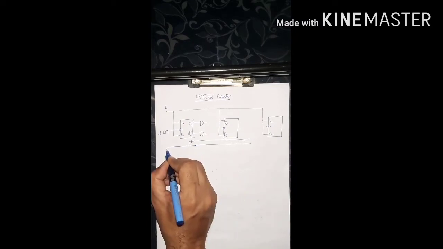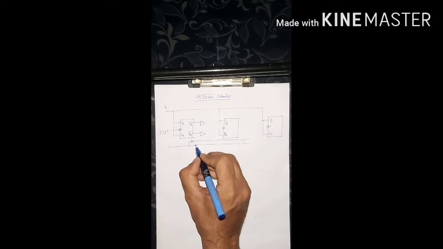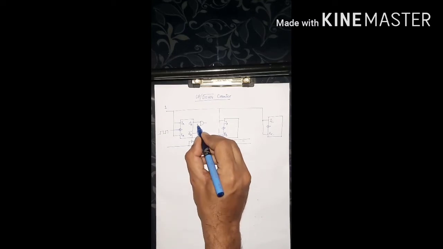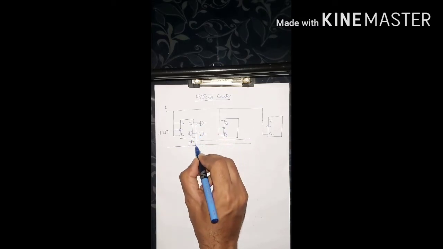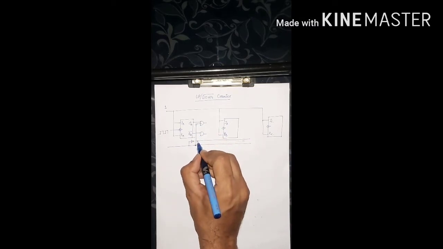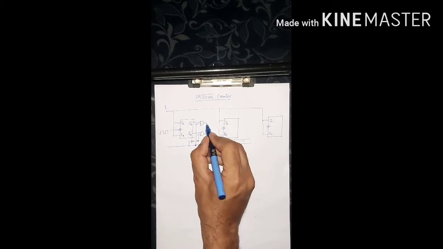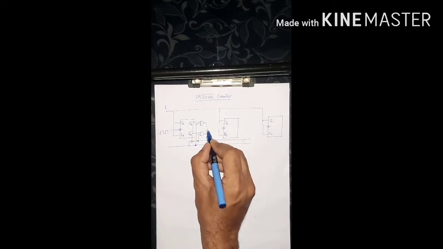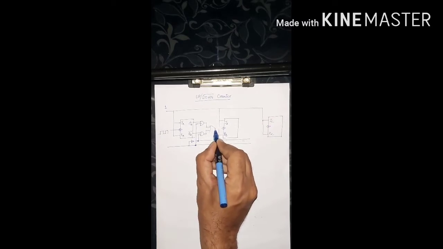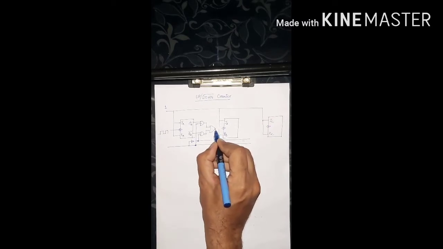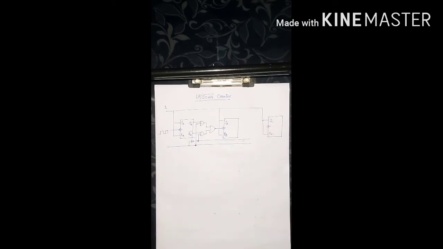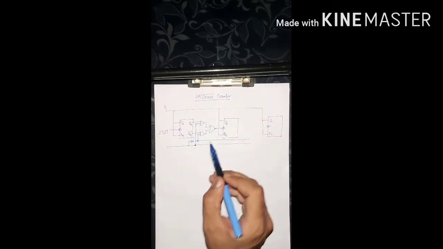I will name it later on. This control signal is fed to this AND gate directly, and in the negated form to the second AND gate. So now outputs of these two AND gates are ORed, and that final output is fed here. Now see what this additional circuitry does.